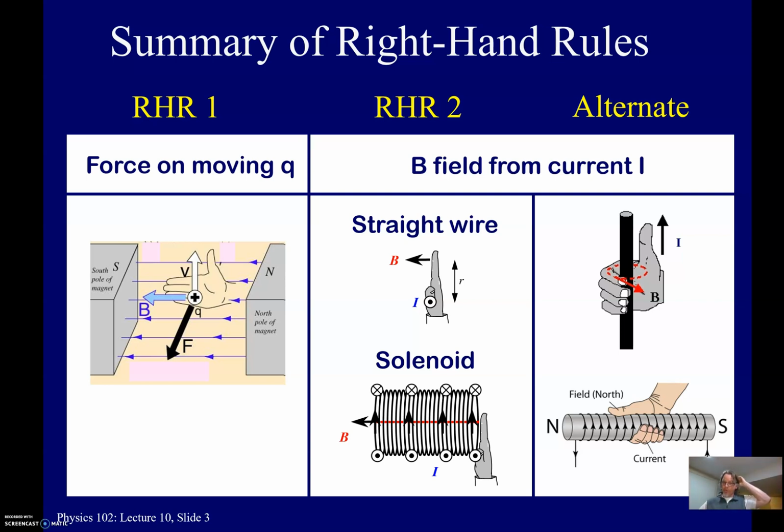That's my third one, RHR3. That's two different things going on: the second is for a single wire, and this one is for a coil. We're going to use the crud out of this today.